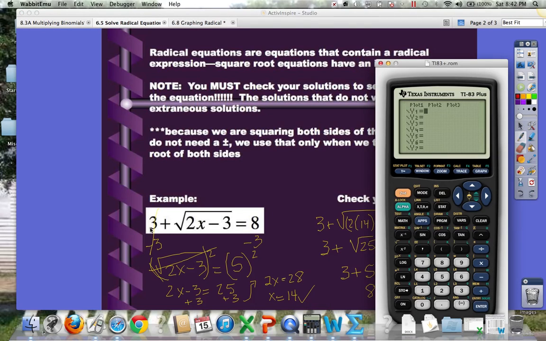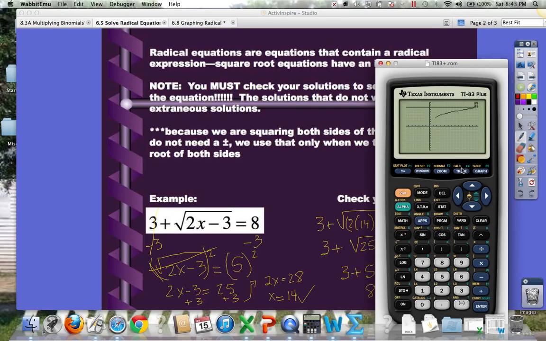I'm going to put everything on the left-hand side in the calculator just like you see it. 3 plus the square root 2x minus 3, close it off. That's one equation, and then the very next line is going to be an 8. That's all that's over on that side. I'm going to graph it. Okay, and we're looking for the intersections.